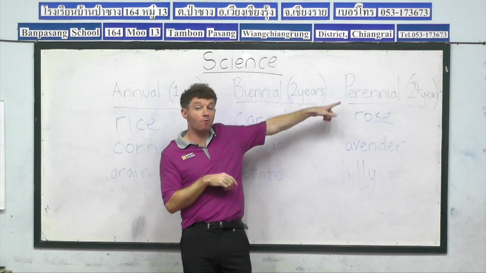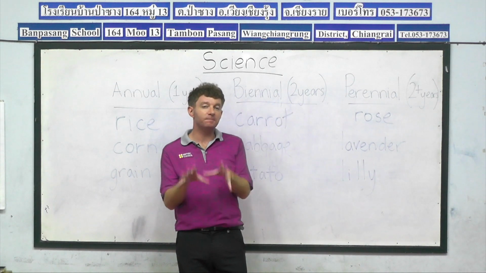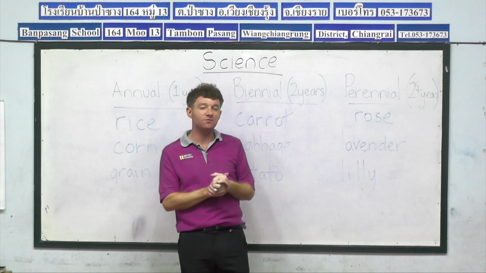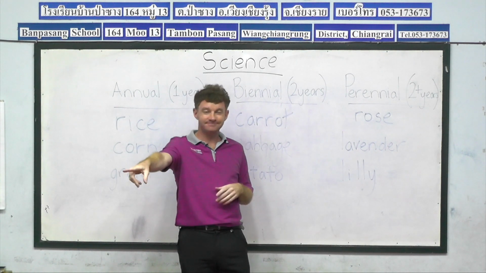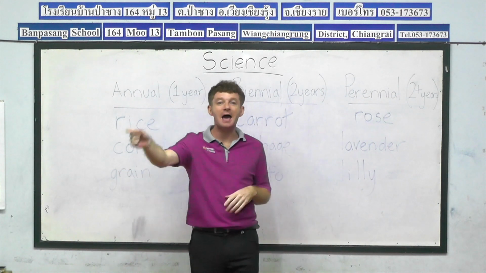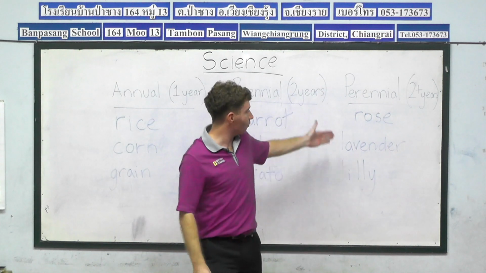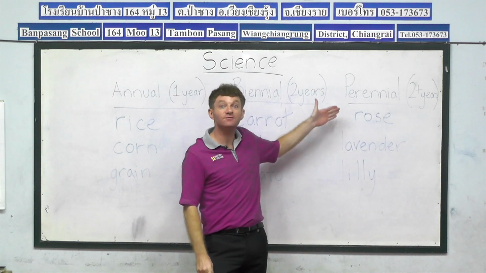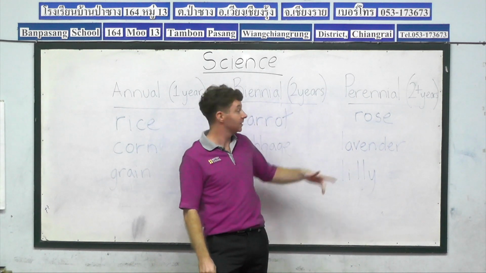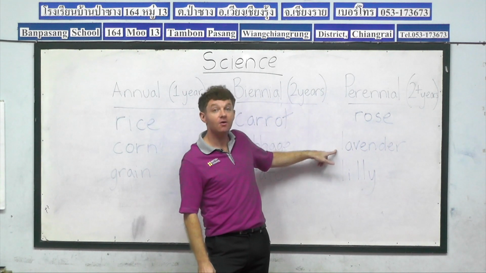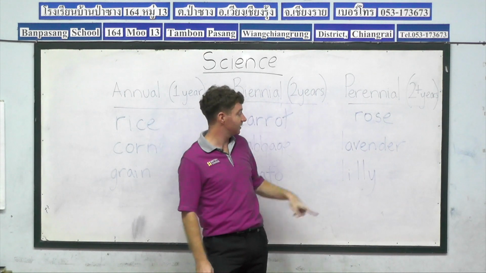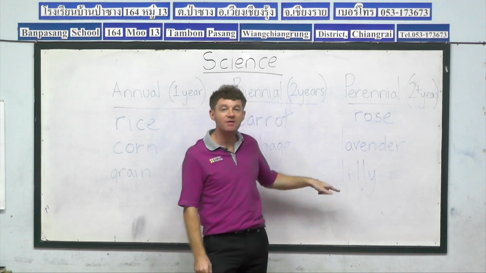We know they're perennial, but there's something special about these type of plants too. What do these type of plants also produce? Perfect. Flowers. These are what we also categorize as flowering plants. The rose has flowers. The lavender also has flowers. And lilies too have flowers.